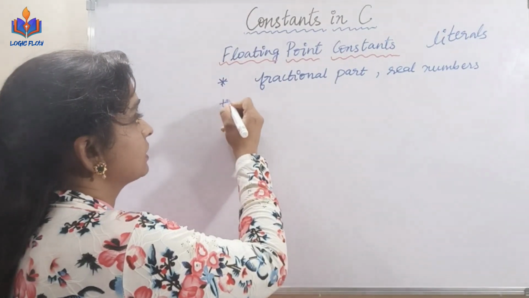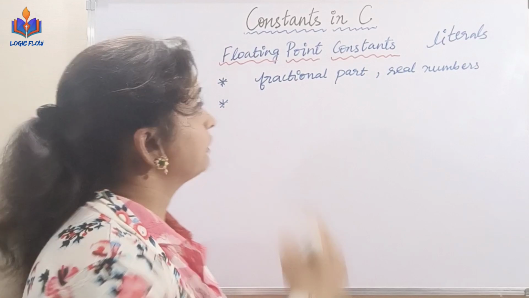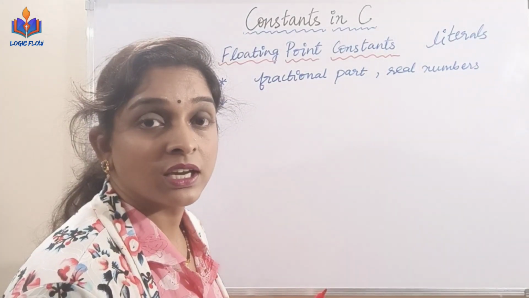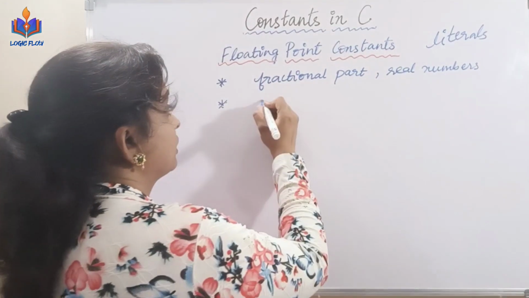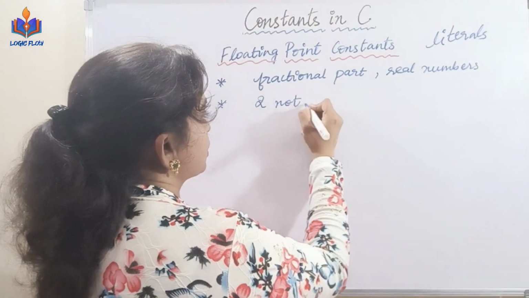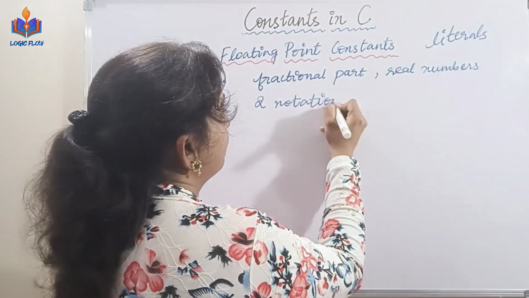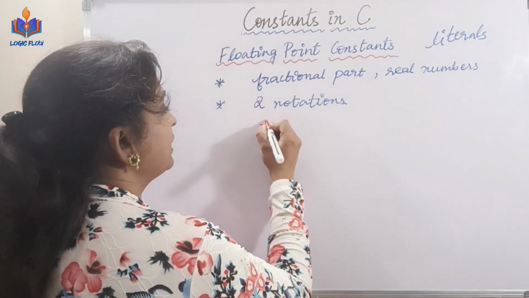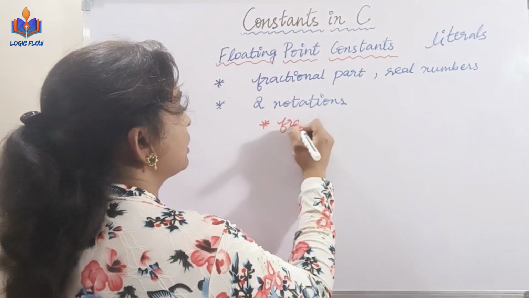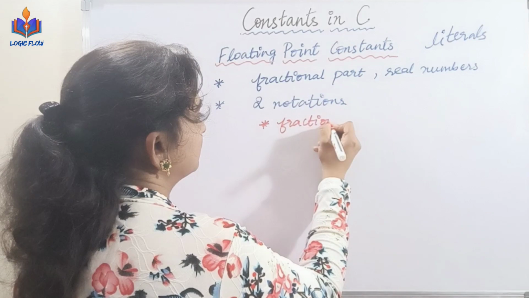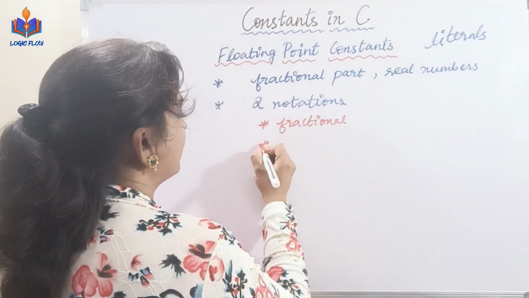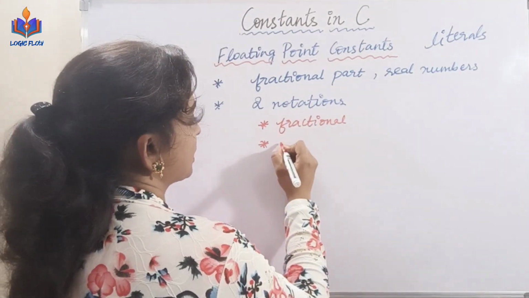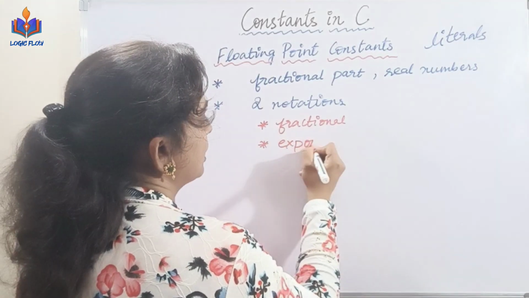Added to this, I can represent the floating point constants in two notations. Which are those two notations to represent the floating point constants? We have the fractional notation and one more, which is the exponential notation.